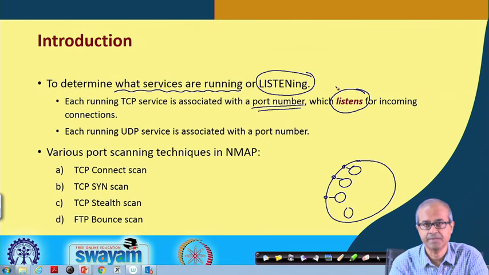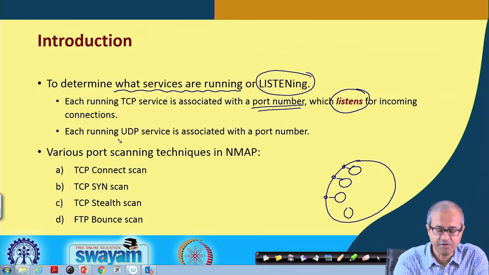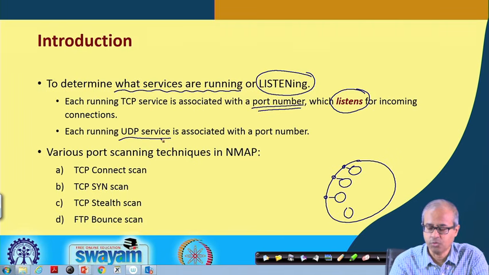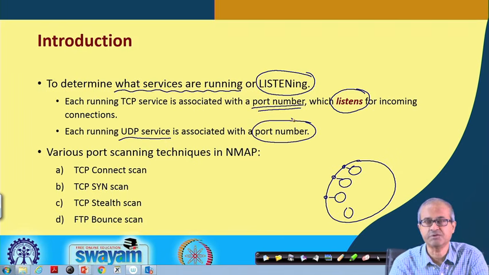In contrast, for UDP services, only the port number is associated with it, it does not listen on that port. So, the way UDP and TCP servers are implemented are slightly different. TCP servers listen on a port, UDP servers do not listen. So, it is like connectionless, we call it.